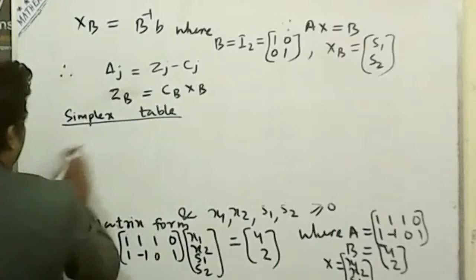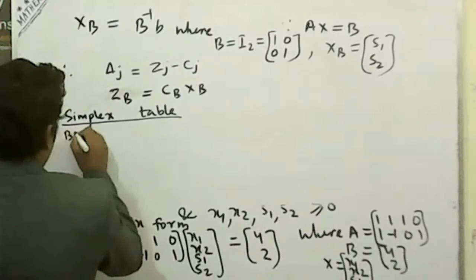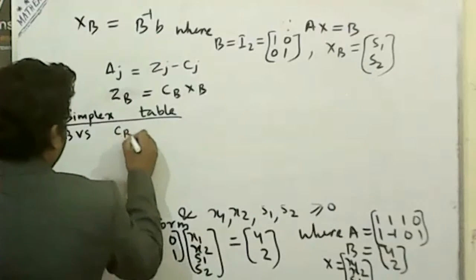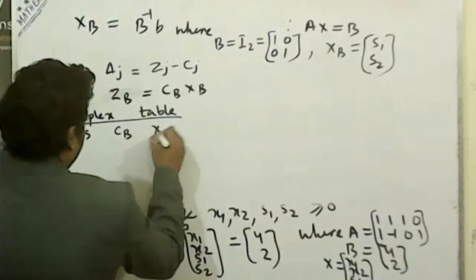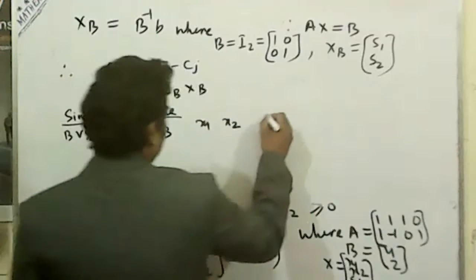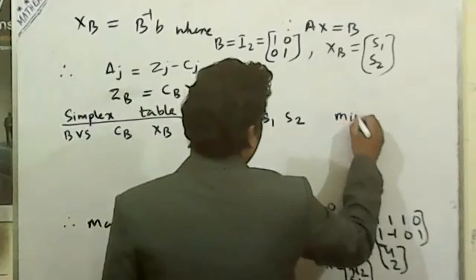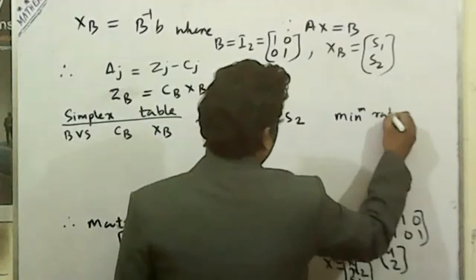The simplex table has the columns BVS, CB, XB, X1, X2, slack 1, slack 2, and the minimum ratio.